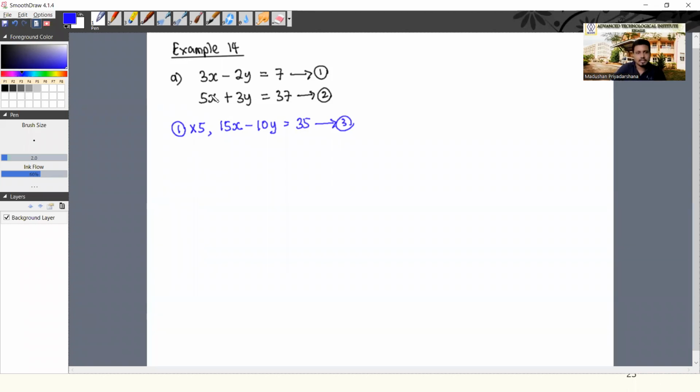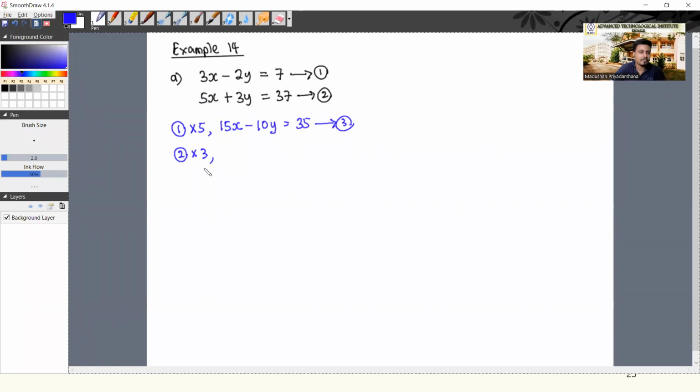Right? And this 5x also we need to convert into 15x. Therefore, the second equation we need to multiply by 3. 5 into 3 will become 15. Then only we can make the absolute value of x similar.